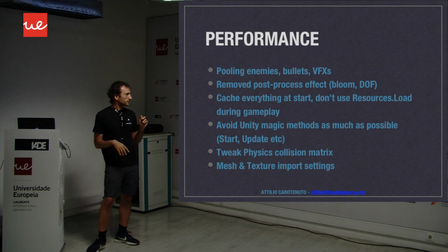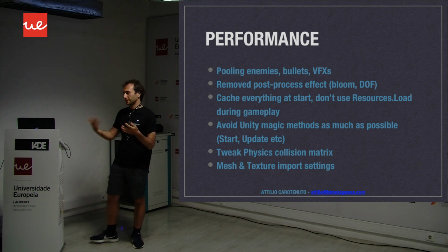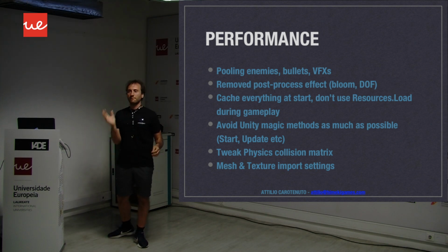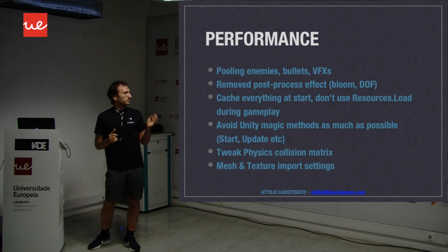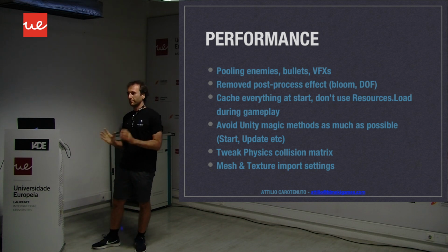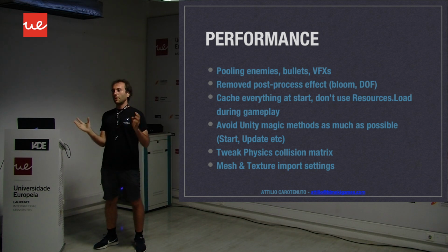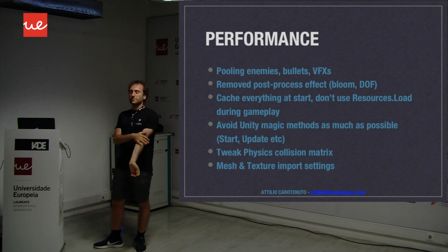And yeah, Unity methods are really popular, of course, because they are really easy. When you start, it's great, you have Awake, OnEnable, Update. But they are not great. If you do some profiling, the performance is not great. When we started, all the enemies had their own Update and Start and everything, but the performance was not good.